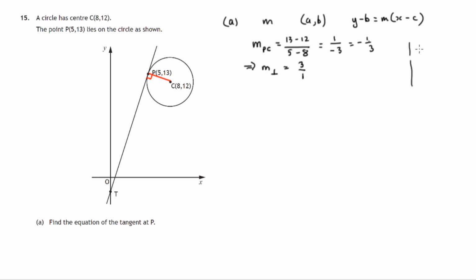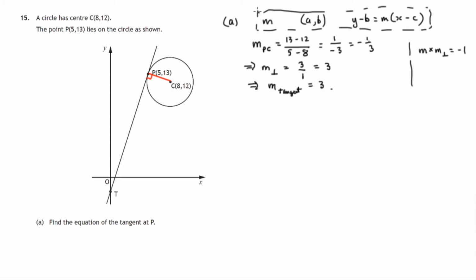Remember, multiplying a gradient with its perpendicular gradient gives us negative 1. So the gradient of the tangent line will be equal to 3. So I think we've got all the pieces together to use the y minus b equals m(x minus a) formula.